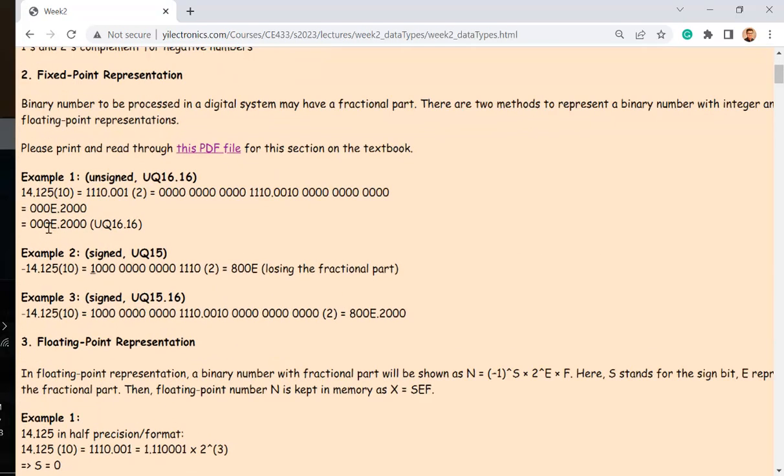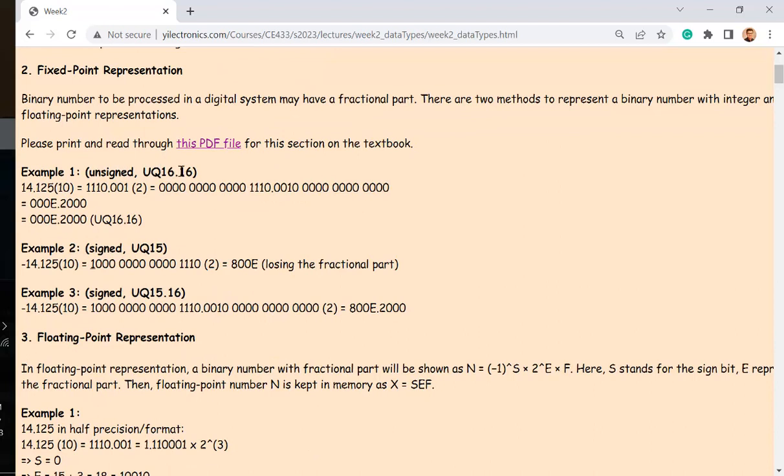The first one is very simple, the unsigned UQ16.16 data type. Just 16 bits, 16 bits. It has a fractional part, because the integer part has 4 hex digits or 16 binary bits. The fractional part also has the same number of bits.